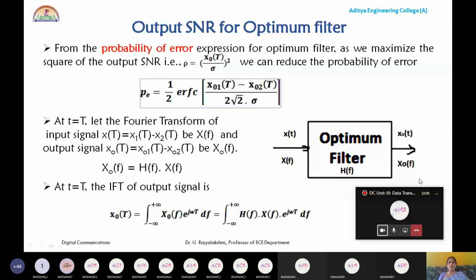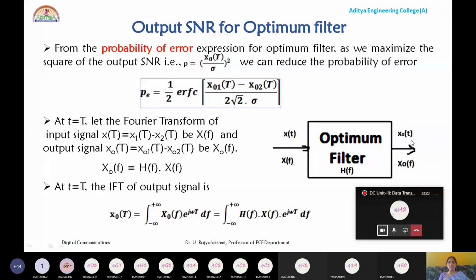Now let us calculate the output SNR and then the transfer function for the optimum filter. So what is the input to the optimum filter? Just speak about the signals. x of t is the input signal and the corresponding output signal is x naught of t.